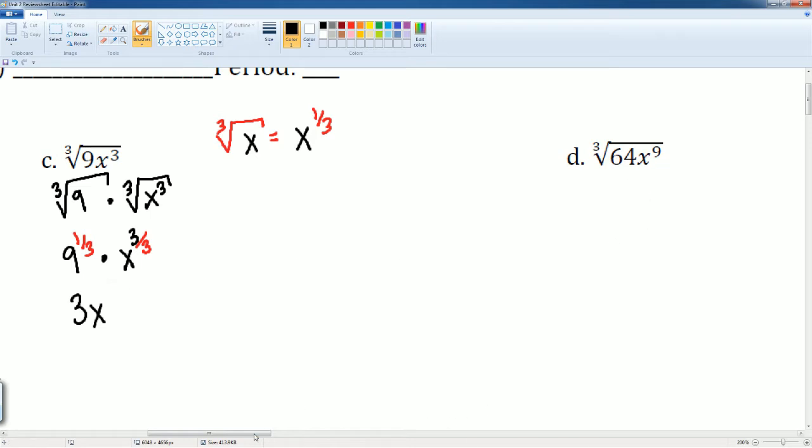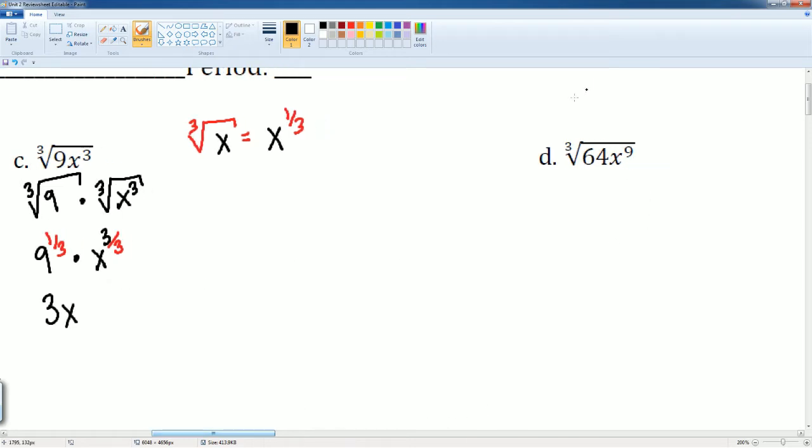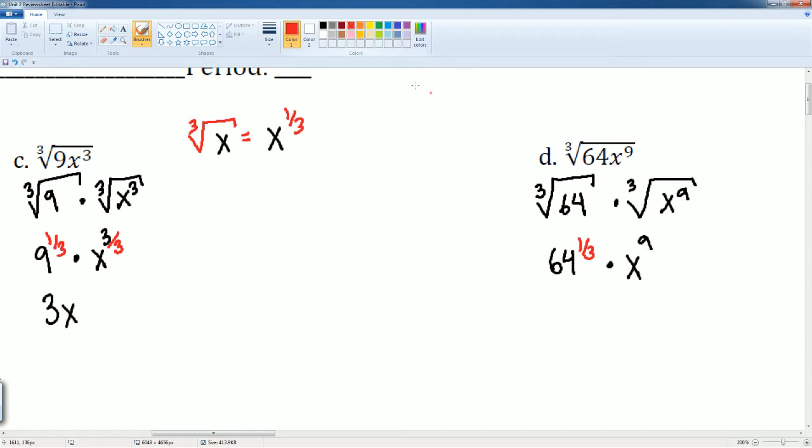Same process here. We want to split this into their two parts. The cube root of 64 times the cube root of x to the 9. 64 to the 1/3 power times x to the 9 divided by 3.